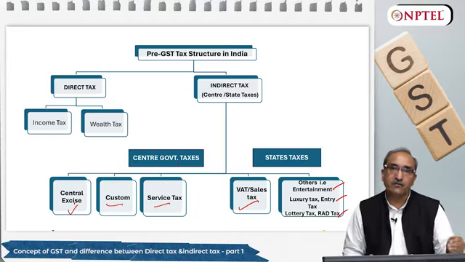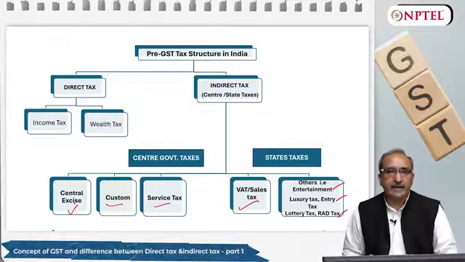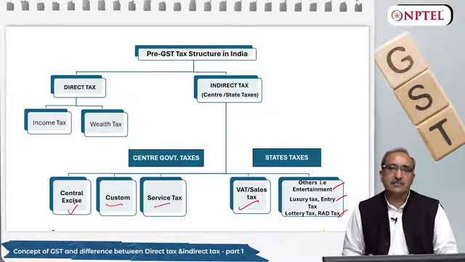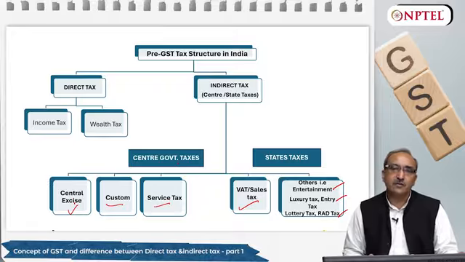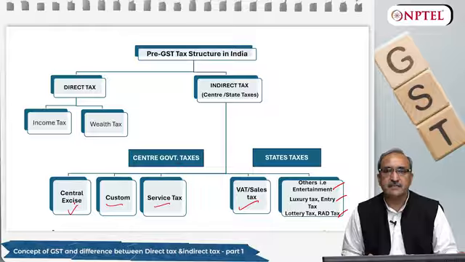In indirect taxes, whether central excise, customs, service tax or other taxes, the assessee pays it to the supplier and the supplier pays it to the government. It is routed through the supplier. That's why these are indirect taxes.